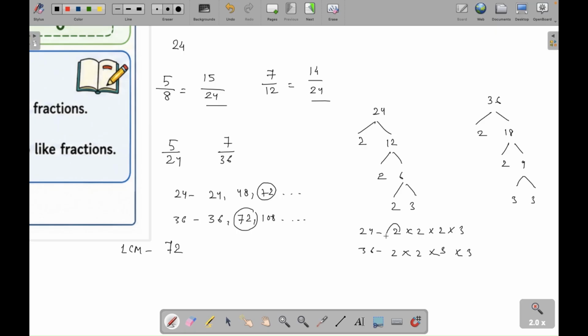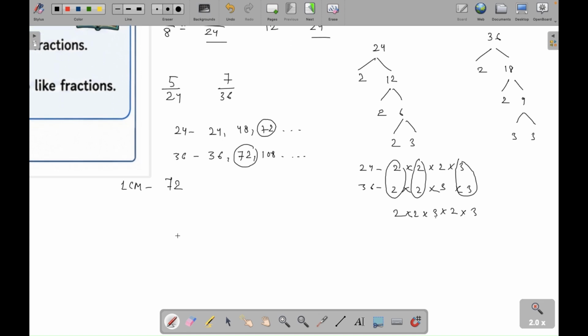Right, so this 2 is common, this 2 is also common, and one 3 is also common. So the LCM will be 2 times 2 times 3, and whatever numbers are common, I'm just writing them once, and then the remaining numbers, 2 times 3. So 2 2s are 4, 4 3s are 12, 12 2s are 24, 24 3s are 72. So we get the same answer. So LCM is 72.